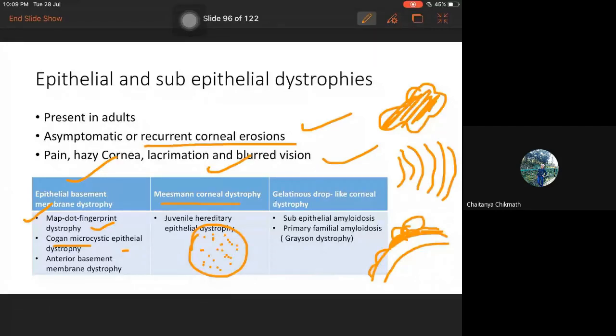The other one is gelatinous drop-like corneal dystrophy, a localized form of amyloidosis.